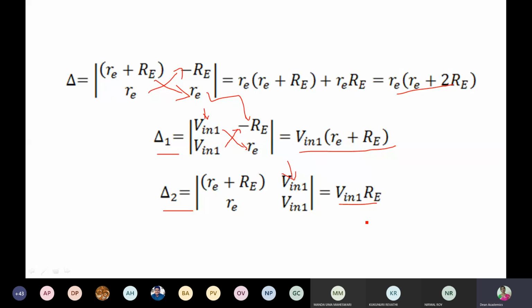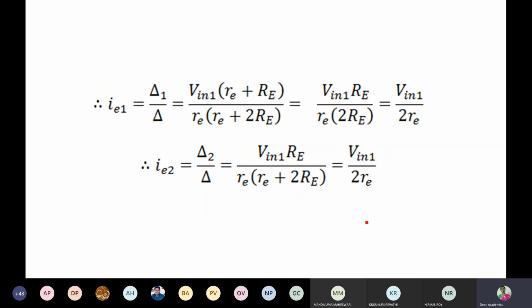So after getting delta 1 and delta 2, IE1 is equal to delta 1 by delta, IE2 is equal to delta 2 by delta. Simplifying, small re plus capital RE, with capital RE considered, and therefore V in 1 into RE.